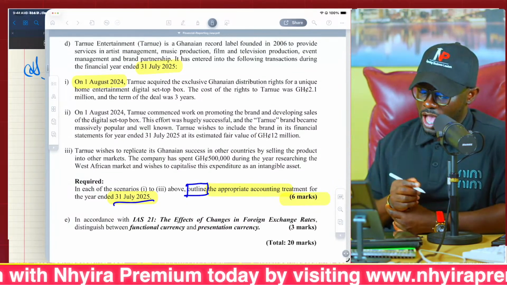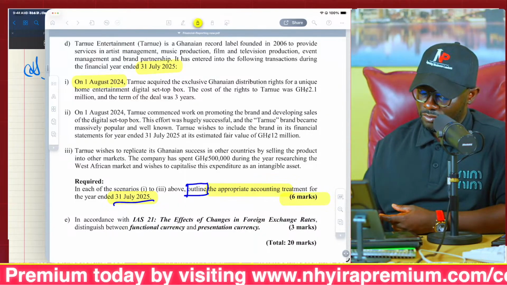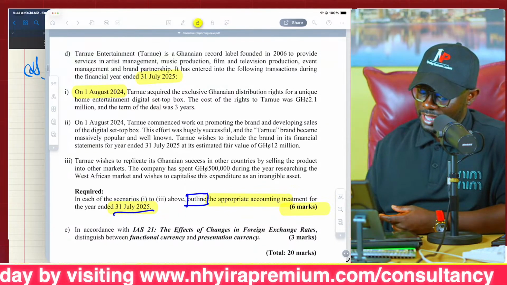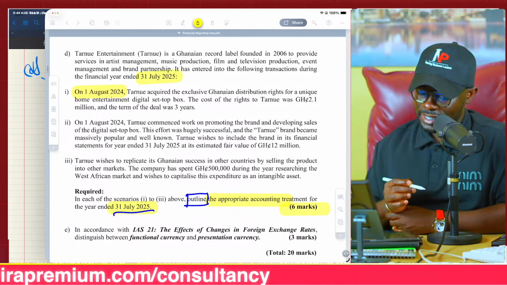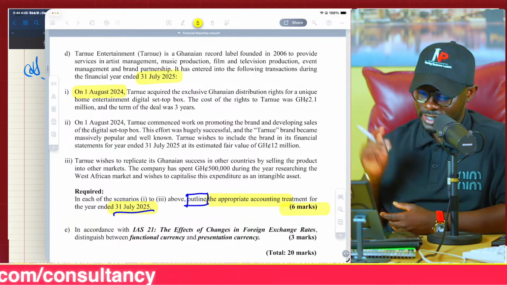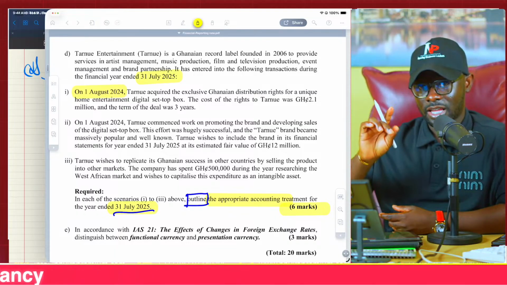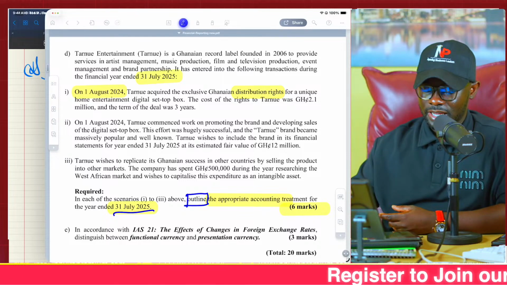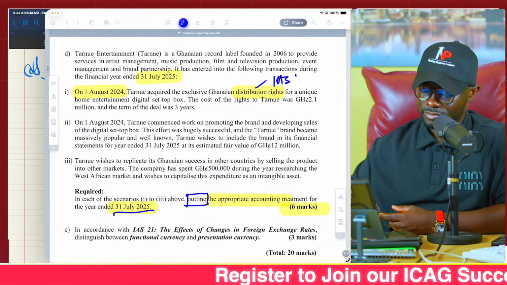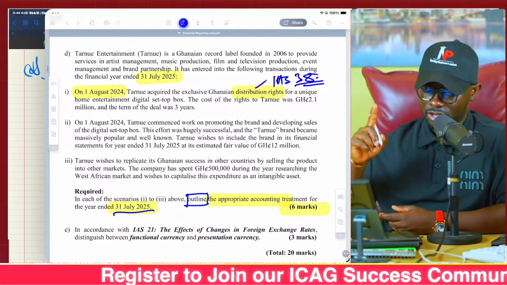Tenu acquired the exclusive Ghanaian distribution rights for a unique home entertainment digital set-top box. Listen carefully. Distribution right. That's an intangible asset. So IAS 38 is coming to town.